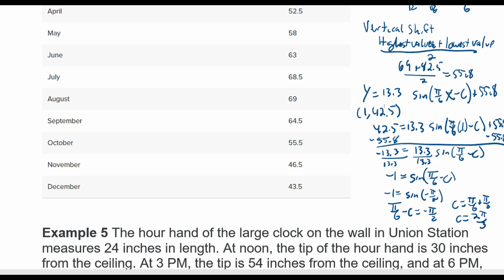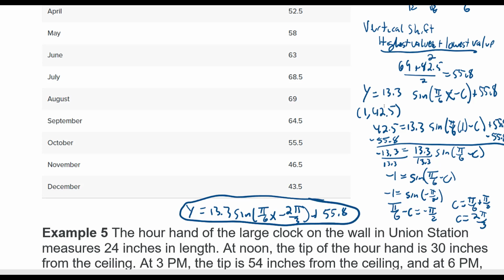So let's write it over here. y equals 13.3 sine of pi over 6 times x minus 2 pi over 3 plus 55.8. There you go. Let's go on to the next one.